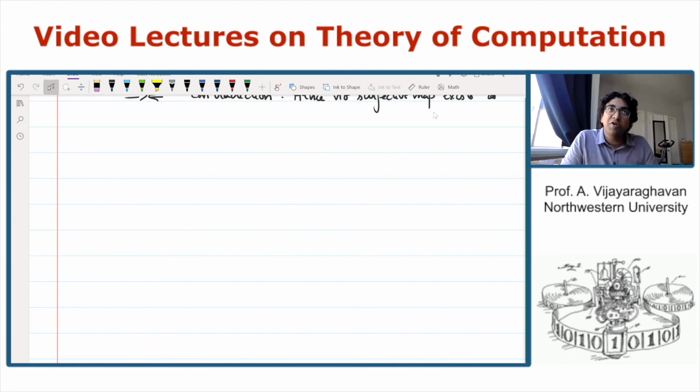Now we will show the second theorem, which will be proven by diagonalization.